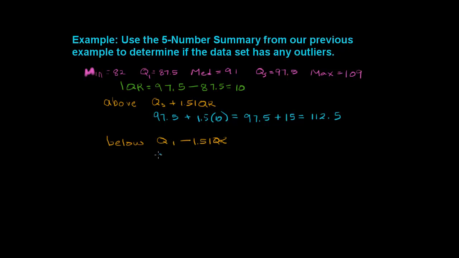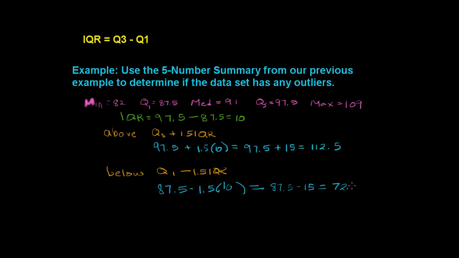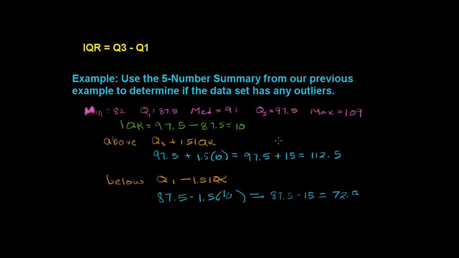So that would be 87.5 minus 1.5 times 10, which is 87.5 minus 15, and that comes out to be 72.5. Okay. So, do we have anything above 112.5?